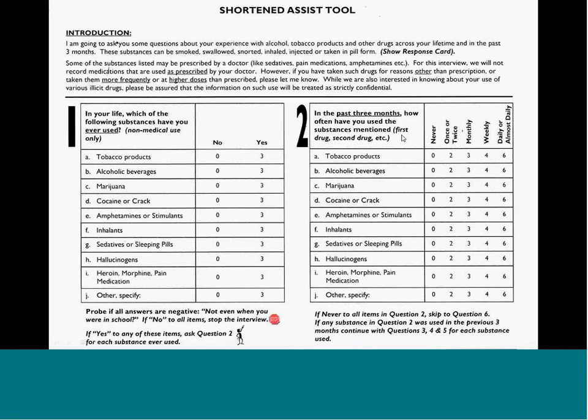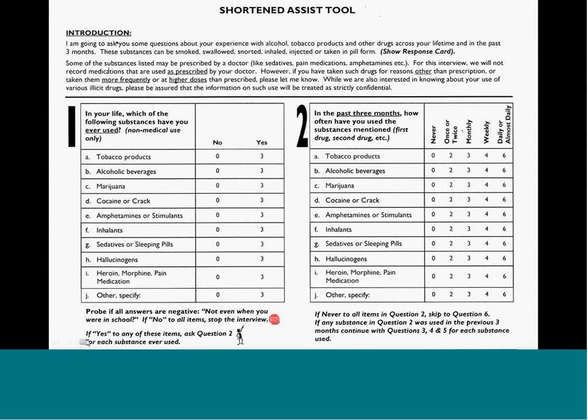How often have you used alcoholic beverages in the last 3 months? They might say something like, well, I go out every once in a while with my buddies, or every once in a while I have a glass of wine when I come home from work. It's important to quantify not only a patient's use of alcohol, but the amount that they're drinking during those times.